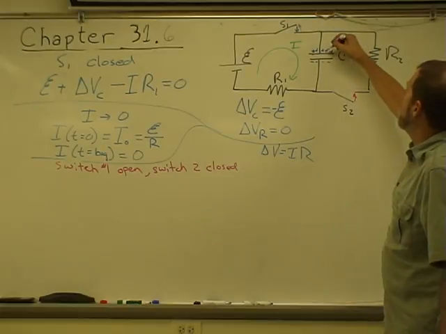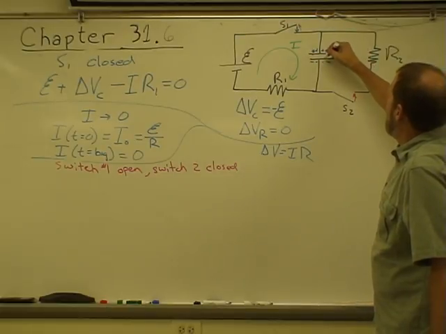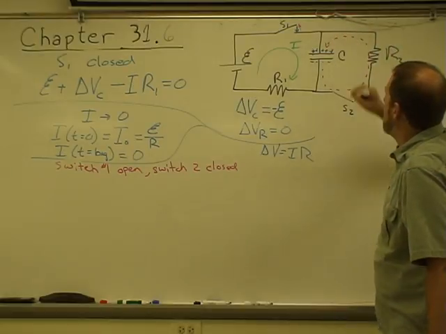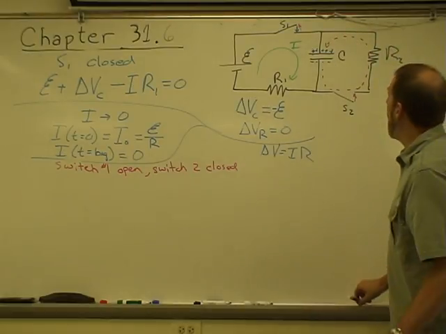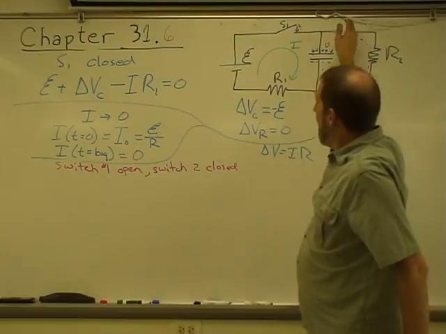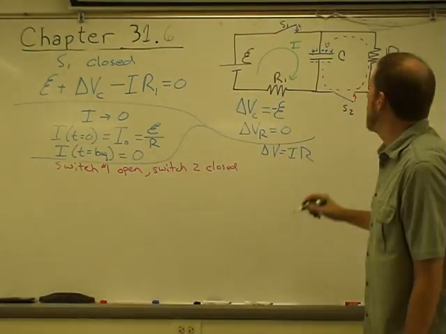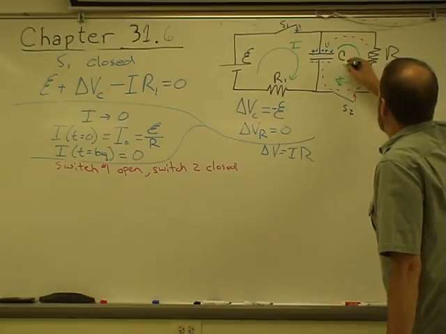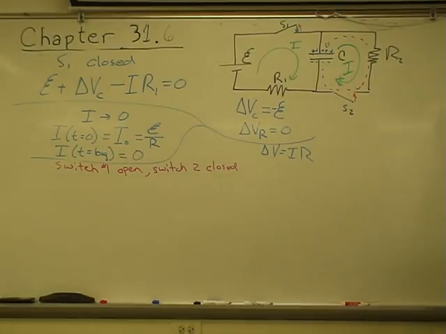So what can happen here is that the electrons on this side can move through the wire, through the resistor, and fill those electron holes on the other side, giving us a current as drawn.